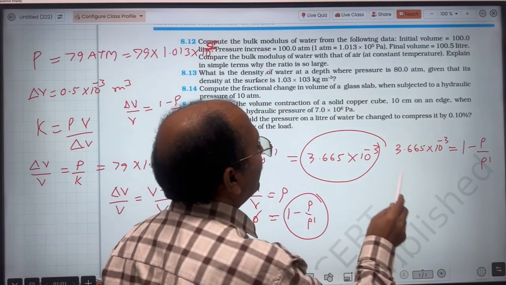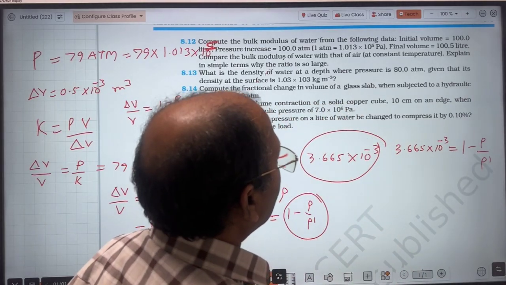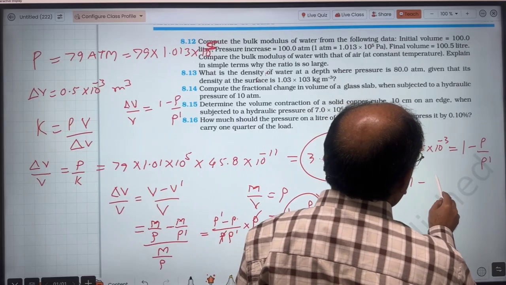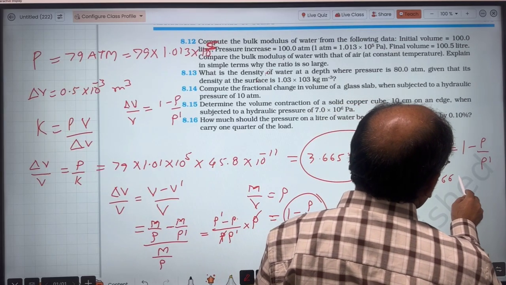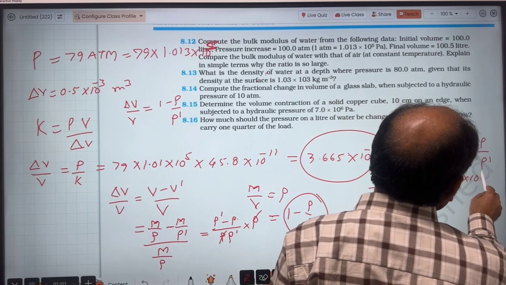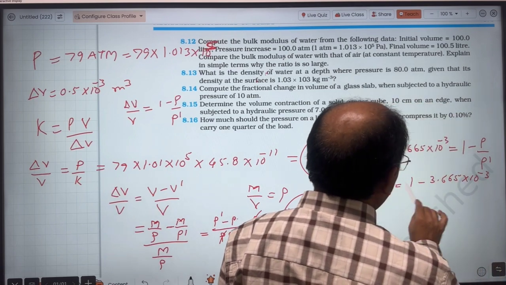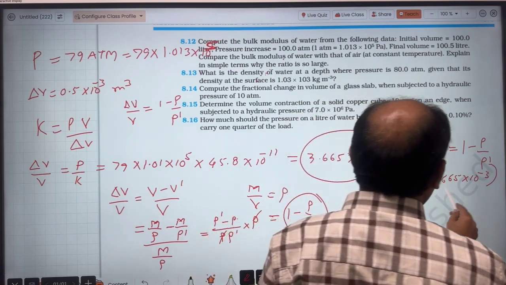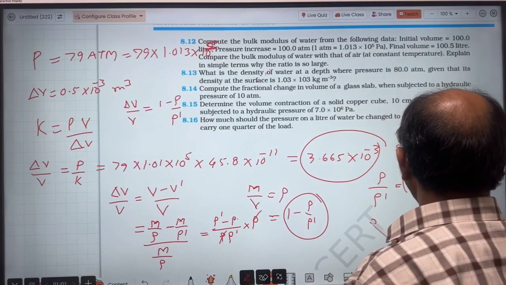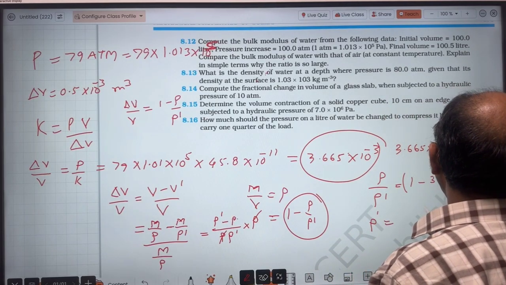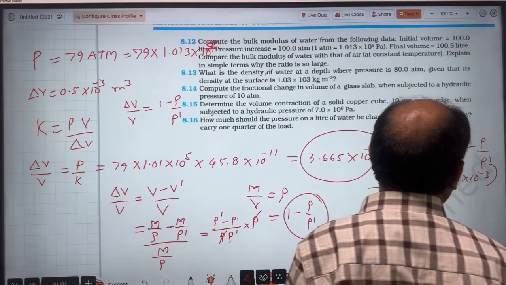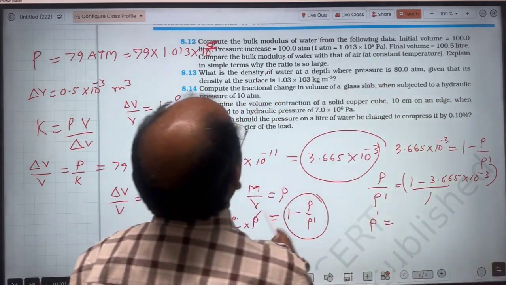Our concern is to get rho dash. The value of rho is given. So rho upon rho dash is 1 minus 3.665 into 10 power minus 3. Evaluate it, invert it, and then you can get rho dash. What is the value of rho?